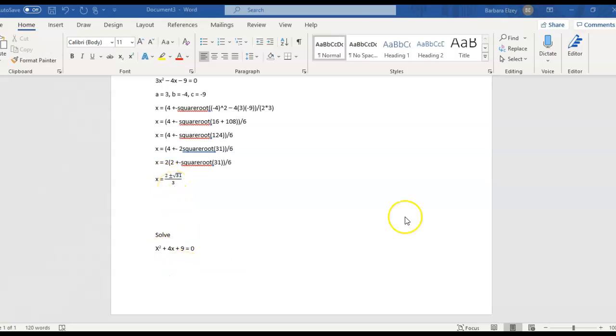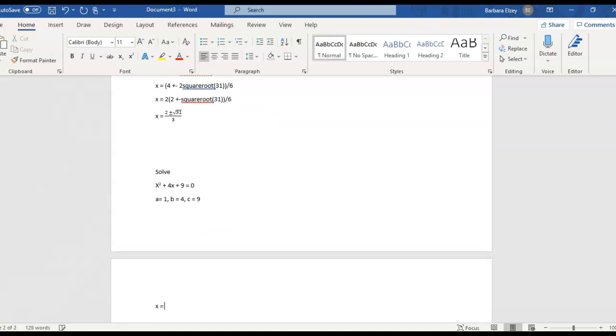All right, so let's look at this last one. Let's notice again that it is in standard form. So here, A is 1, and again, it's always capitalizing. B is 4, and C is 9. And let's plug into our quadratic formula.